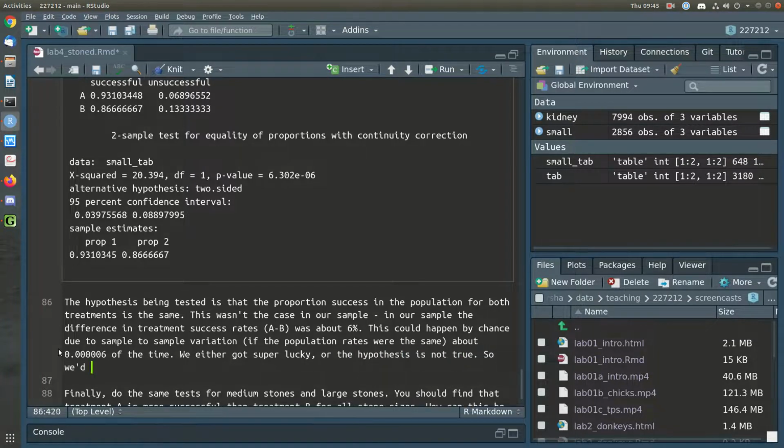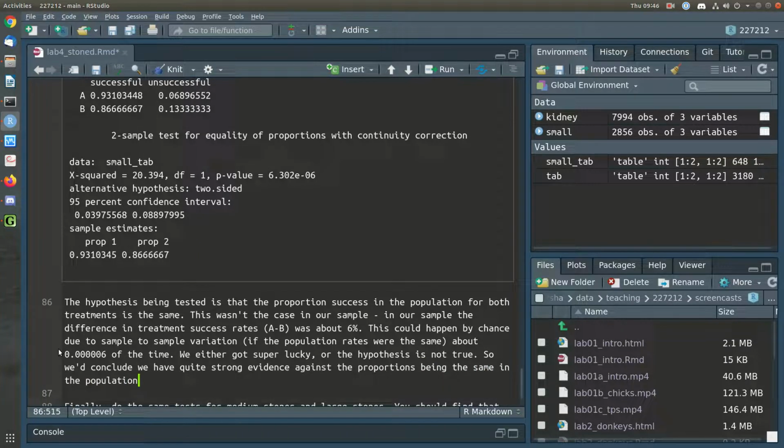So we'd conclude we have quite strong evidence against the proportions being the same in the population. So we'd conclude that they're probably different.